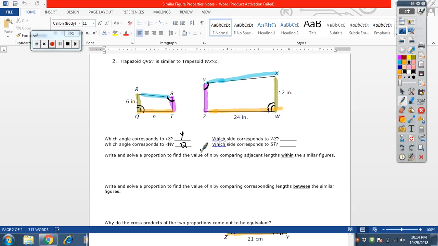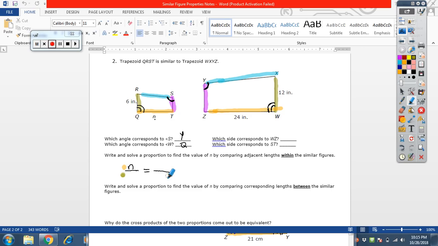Write and solve a proportion to find the value of n by comparing adjacent lengths within the similar figures. So we're looking for n. That's what I always start with. I've got n and 6. So I have orange and green.